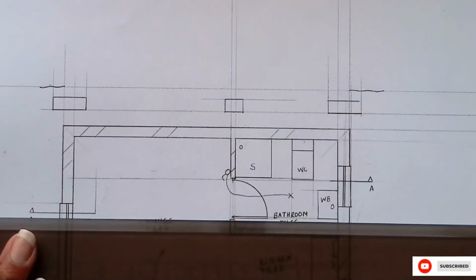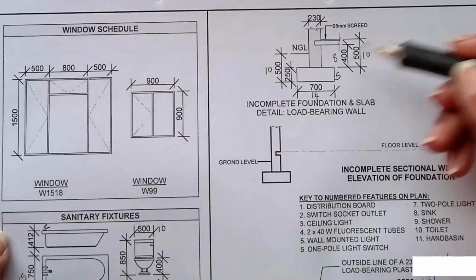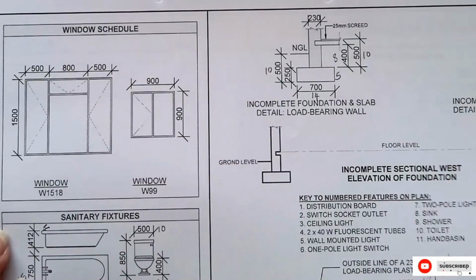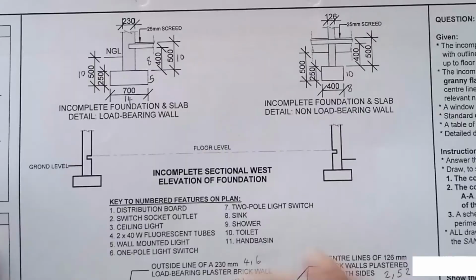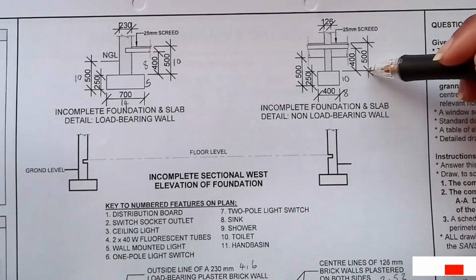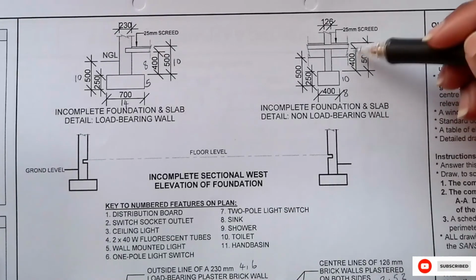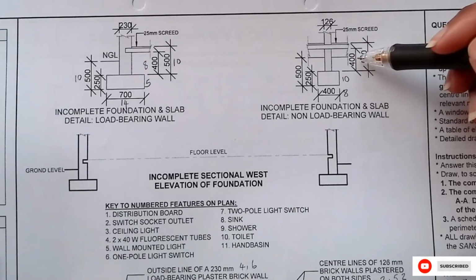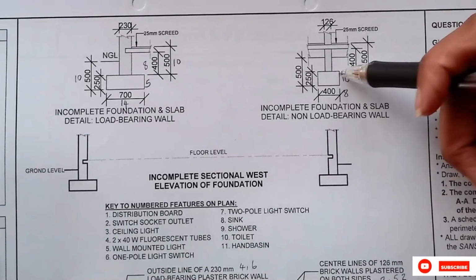Once you now have your NGL, we now need to get the compacted hardcore and the concrete. So as you can see from here to where your compacted hardcore ends, it is 4, which means you have to measure 8 from this point.